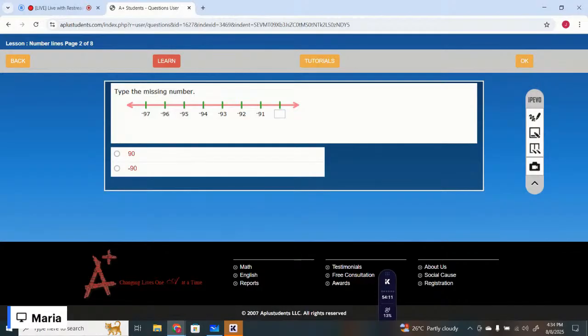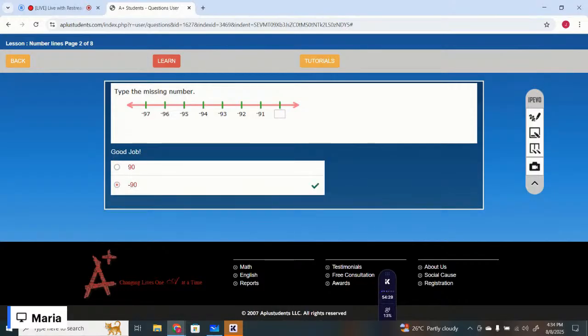Type the missing number. That is negative 90.